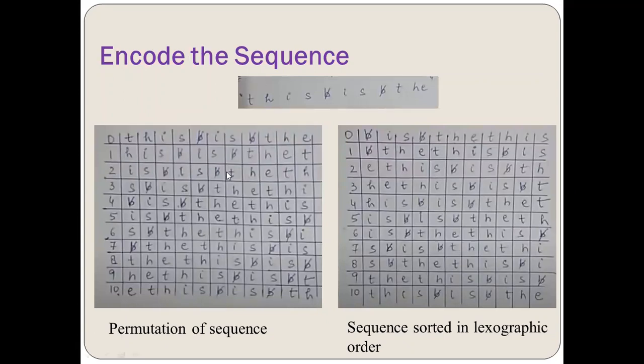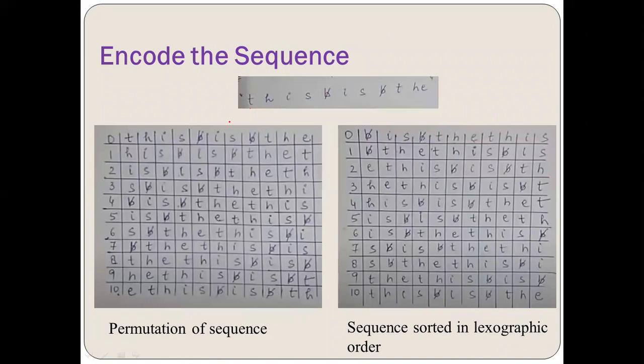Let's see, we have been given a sequence that is T, H, I, S, B bar, I, S, B bar, T, H, E. Here B bar is a space. First of all, we need to understand what the special characters are and what the chronological characters are, because we have to form the lexicographical order.